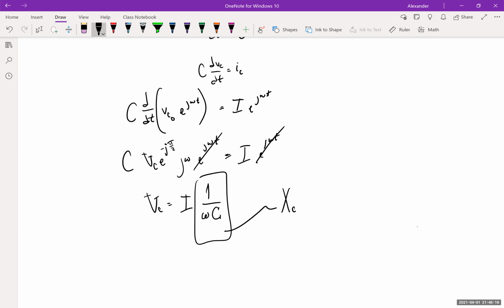So if it would take more time for the capacitor to charge because we increase the capacitance, then an alternating current is able to charge the capacitor less on average, which means it behaves more like a wire.